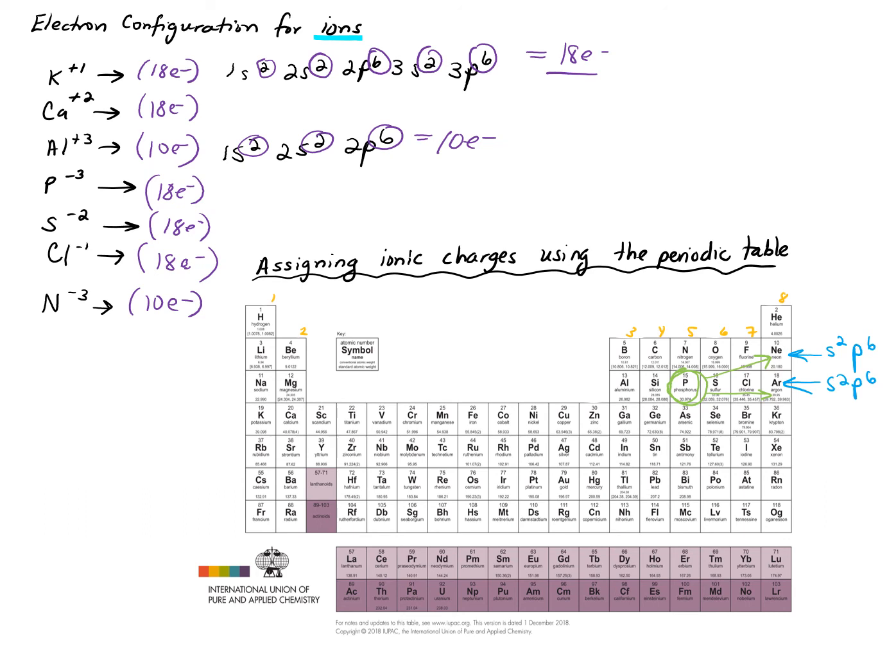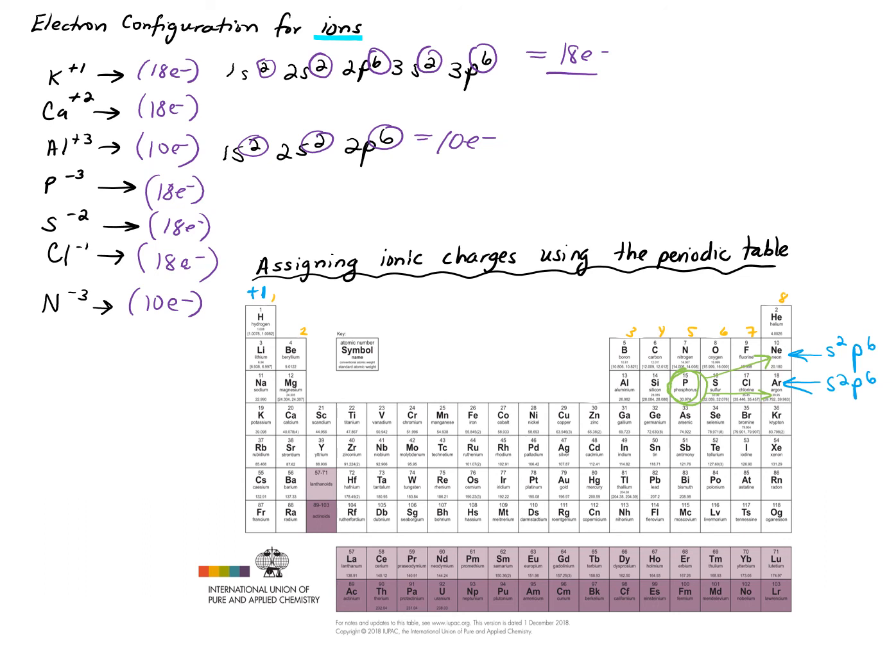If you have 1 valence electron in group 1, elements in group 1 can give away 1 valence electron. Something that has given away 1 electron will have a charge equal to +1, plus for giving, and the 1 for how many.